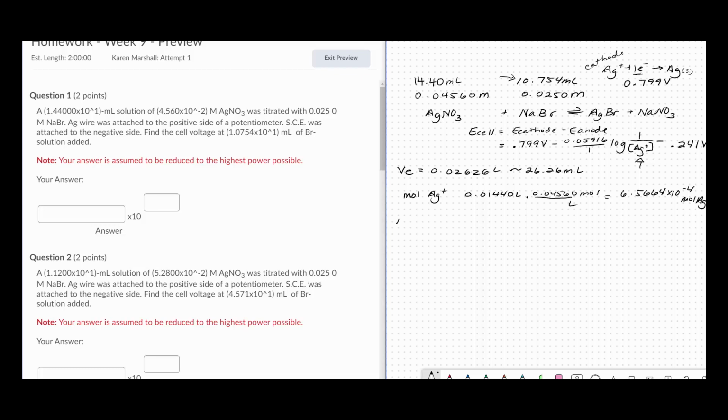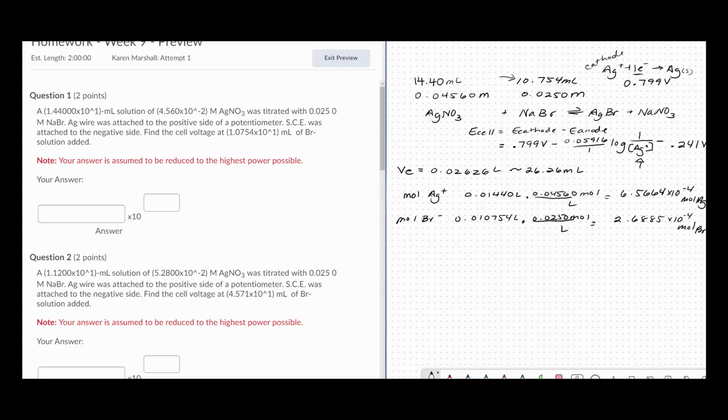Now, how many moles of bromide have I added? Well, I'm going to take the volume of that as well, multiply it by the concentration, and I get that we have added 2.6885 times 10 to the negative 4 moles of bromide.